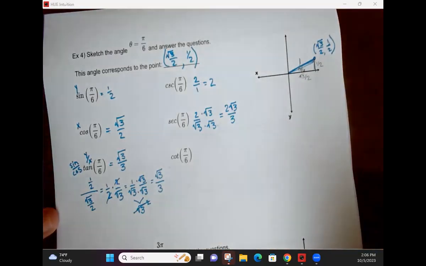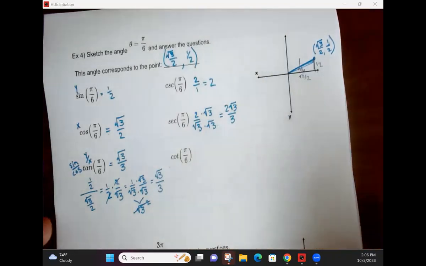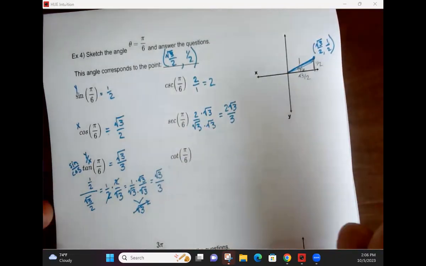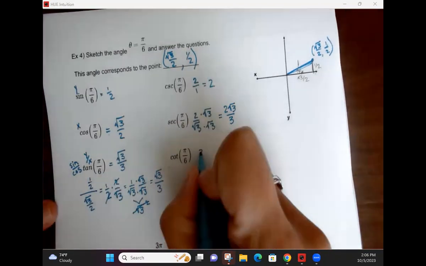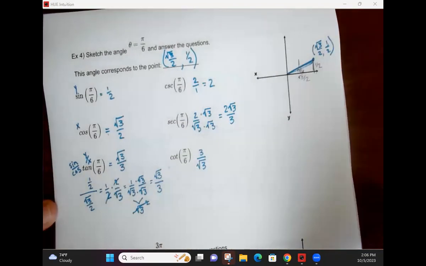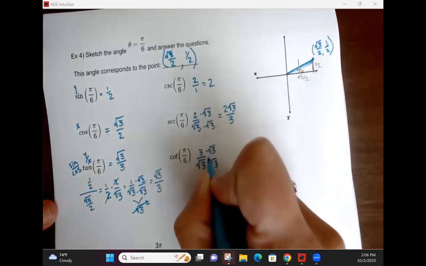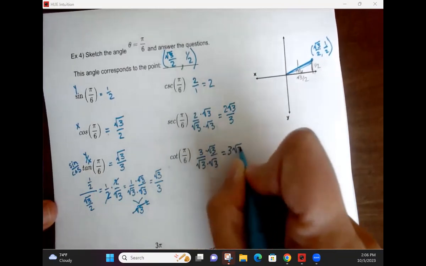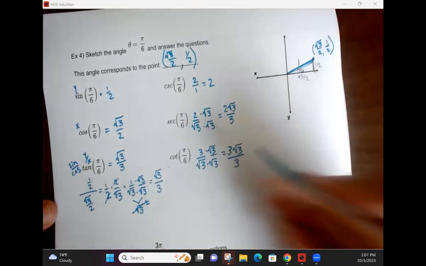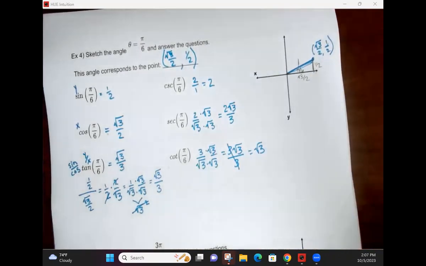And then for cotangent, same thing. If you want to set up cosecant over secant here, you can get your cotangent, or we can just take our tangent and take the reciprocal. Again, I'll need to rationalize because now my root is in the bottom. But we would get 3 root 3 over 3, and then we can reduce to just the square root of 3 there.